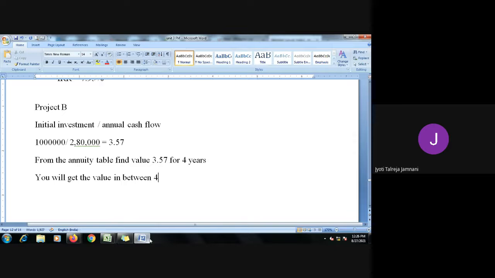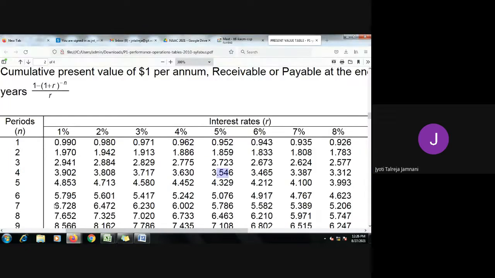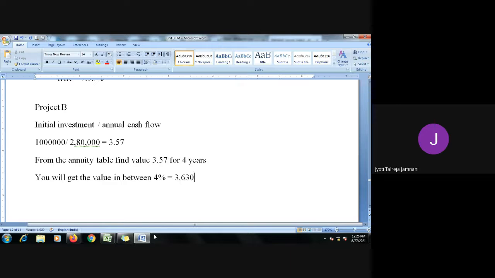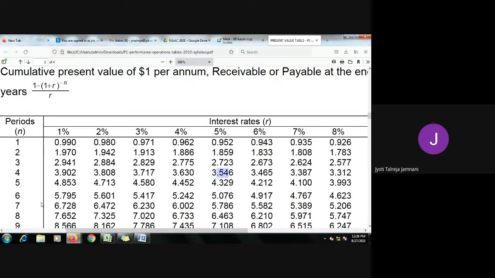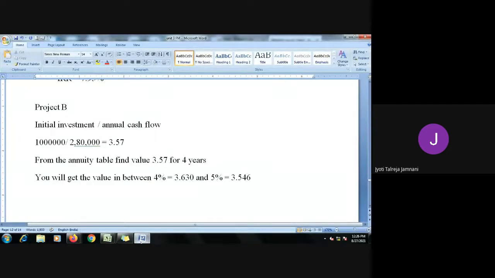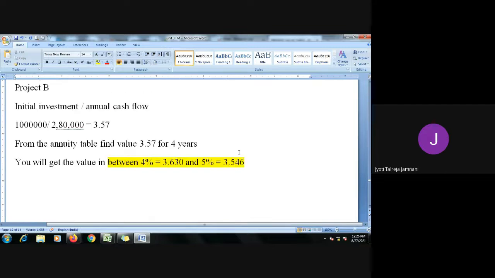So at 4%, what is the value that we had got? 4%, the value was 3.630, and 5%, which is your higher rate now, the value was 3.546. So using these two values and these two rates, now we have to find the NPV. One, we should get a positive NPV. The other, we should get a negative NPV. And using those NPVs, we can find the IRR very easily.